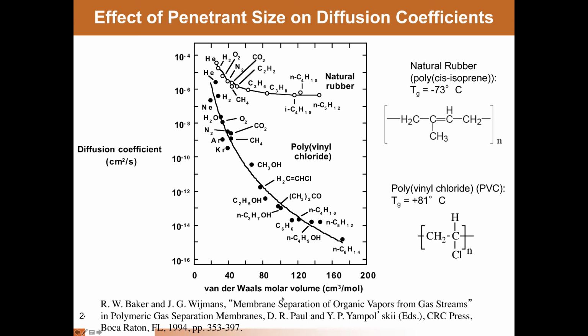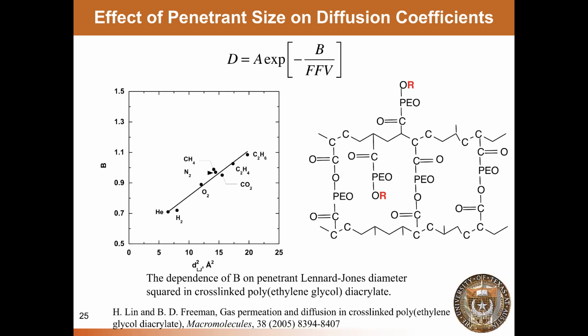The van der Waals volume is one measure of penetrant size that would be widely reported, but it's not the only measure that's useful. We'll see values like the Lennard-Jones diameter of a penetrant is another value that's often used to scale diffusion coefficients and related parameters.